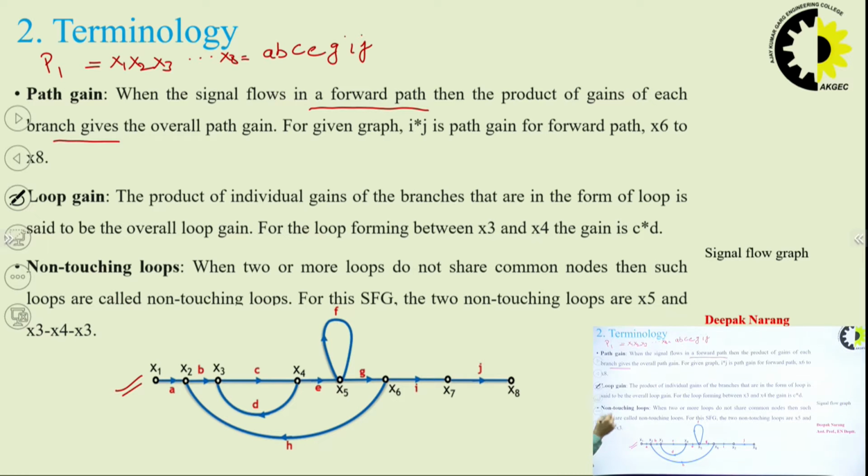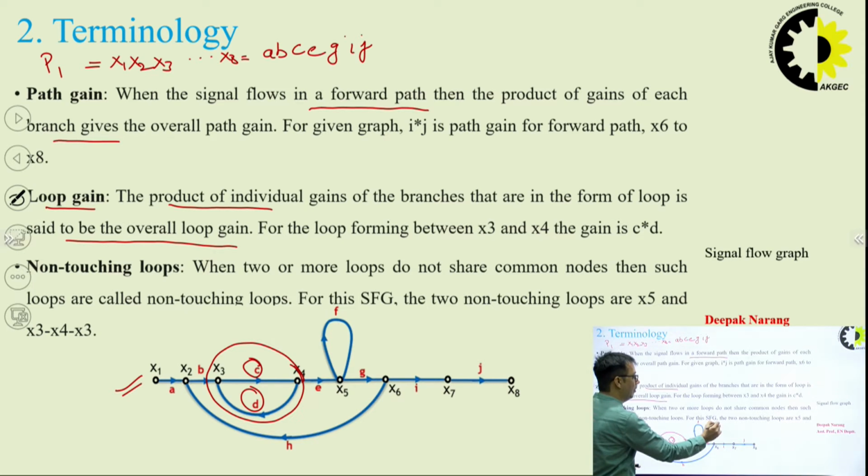Likewise, loop gain. Like for path gain, the product of individual gains of branches that are in the form of a loop is said to be the overall loop gain. If I take the example of this particular loop, while traveling along x3, x4 and x3, whatever gain is encountered, the product of these gains becomes the loop gain.